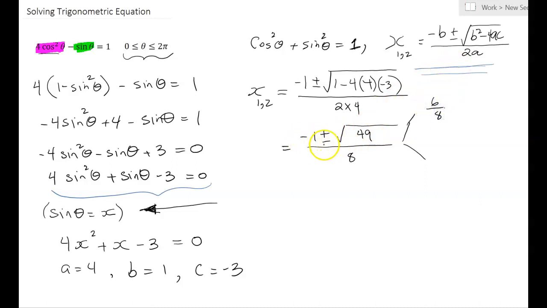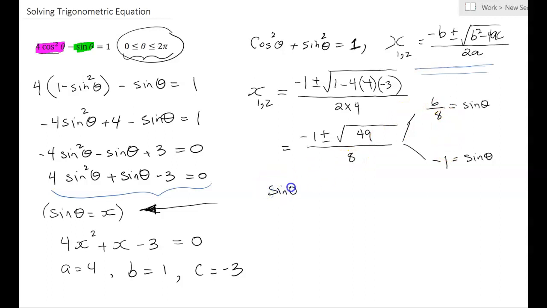The next one, negative 1 minus 7, would be negative 8 over 8, which is negative 1. All right, now that we have these two values, you set each of them equal to sine theta. But we don't need sine theta, we want to find theta. So we have to solve these two equations.